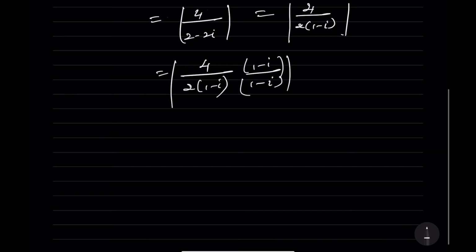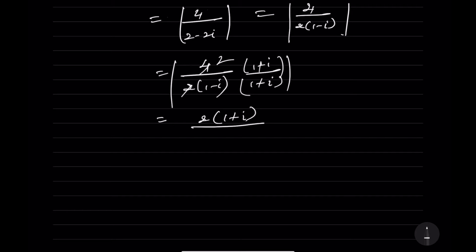So therefore what we are getting is, because 2 ones are 2, 2 twos are 2 into (1 − i), divided by (1 + i). We have to rationalize it with 1 + i.